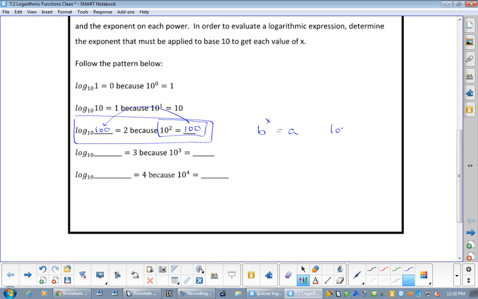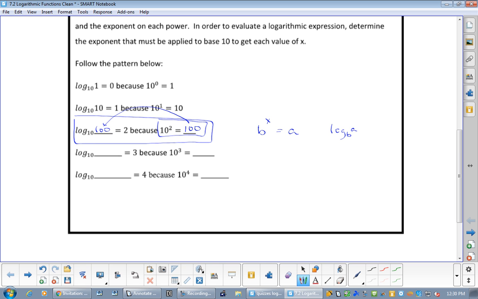It would be log. What is, in our example, what's b? 10. So in our new one, that would go there, correct? What would go here? Look, b to the x equals a. So a would go here, correct?